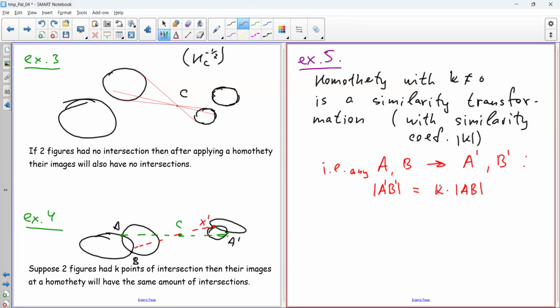And K here would be, of course, then supposed to be positive. But we already use it somehow here, so I recommend that for your just understanding. So this is definition of similarity.